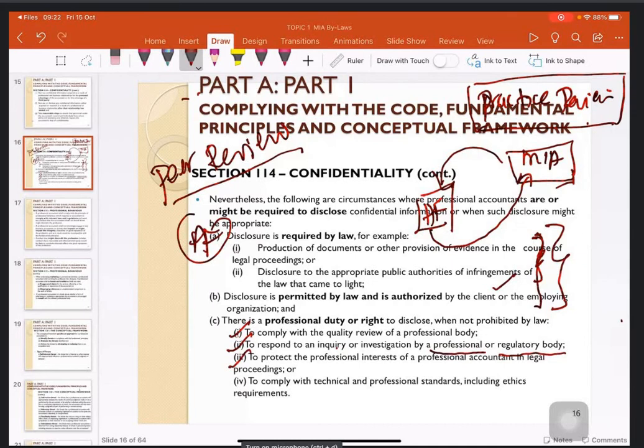Normally kalau kita nak protect ourselves lah. Okay, kalau ada legal action against us pun, if we want to protect ourselves, okay, ataupun ada third party question about kita punya credibility and so on, so kita nak protect ourselves under that situation, kita juga boleh disclose the information. Okay, last one adalah to comply with technical and professional standards.